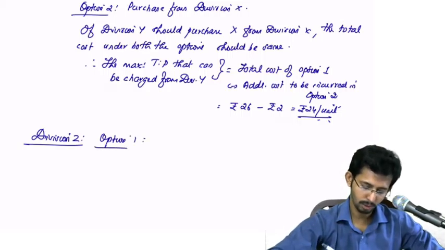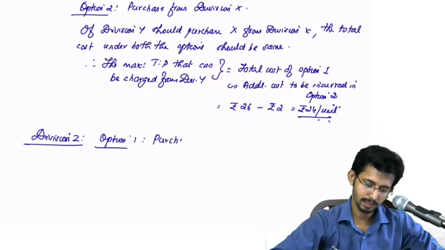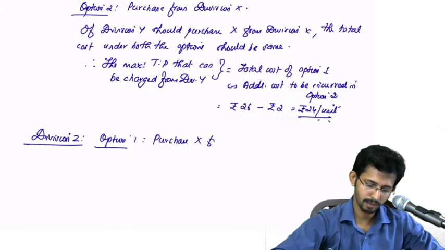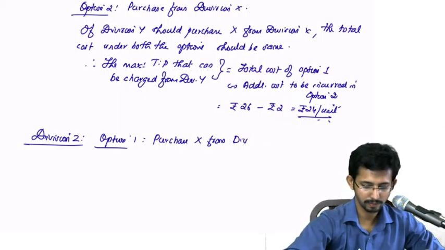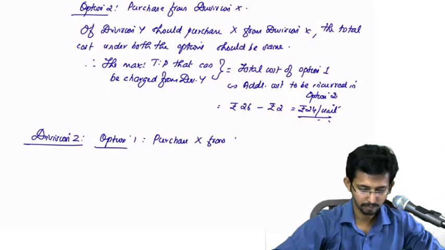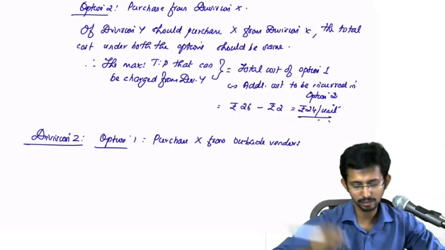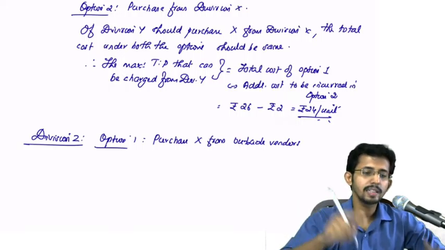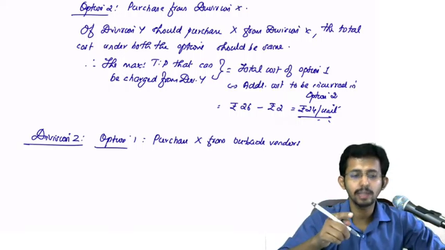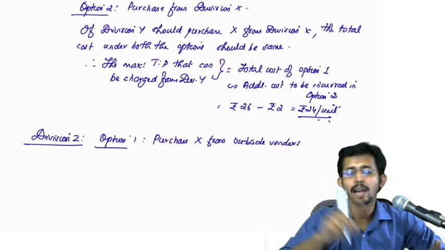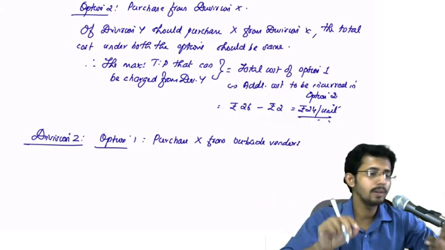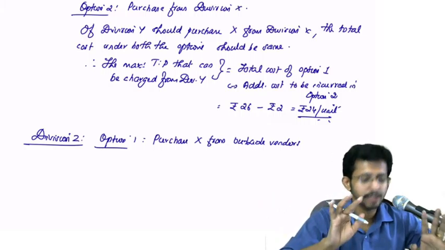Option 1 is to purchase X from outside vendors. And we saw that if they are purchasing X from outside vendors, will they inspect it on their own using their own labor, or will they hire the laborers from division X? They will obviously hire the laborers from division X only.